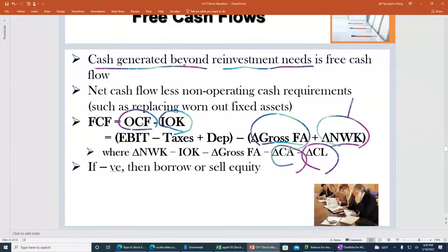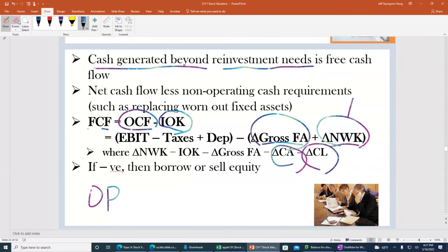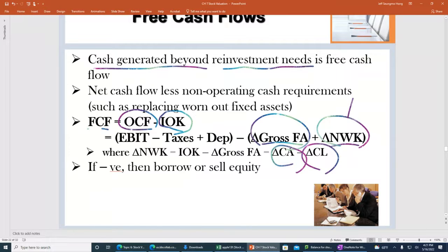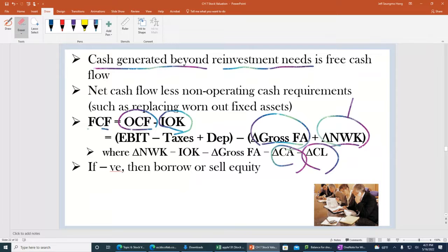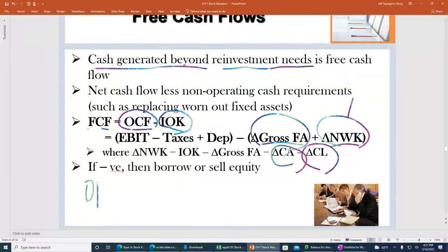So subtracting that investment in operating capital from operating cash flow, that's free cash flow. And what is then operating cash flow? Now, you've heard of, you probably remember, operating income.